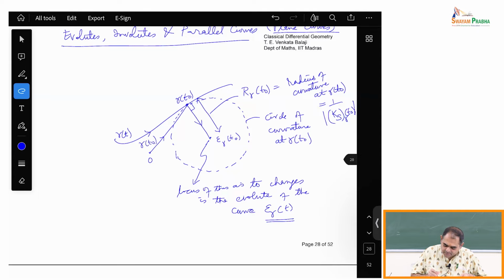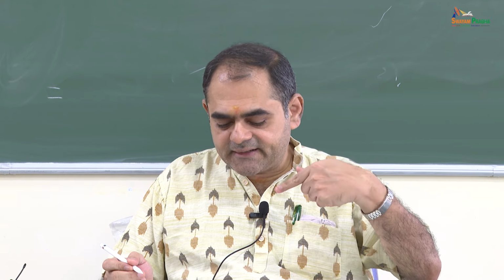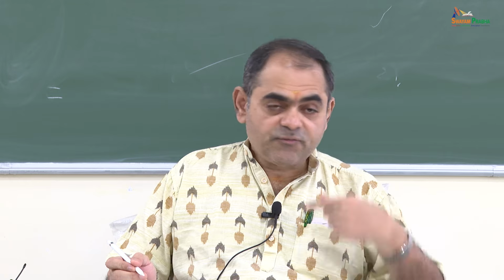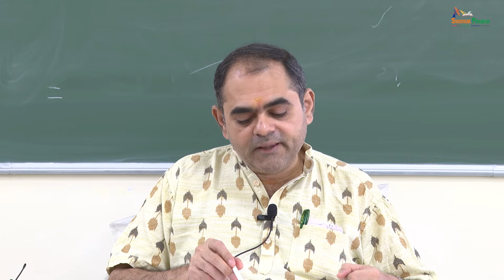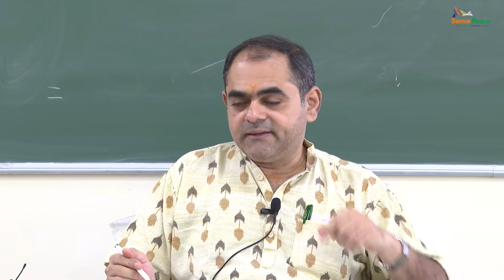Suppose I take some reference point as the origin, okay, then this vector is gamma t naught, okay, and you see this vector is the geometric normal, which is taken as this radial segment from the point on the curve towards the center of curvature. The way this is expressed is that it should be its length, which is the radius of curvature, multiplied by the unit vector along that direction, but that is adjusted to be written as 1 by the signed curvature times the signed normal.